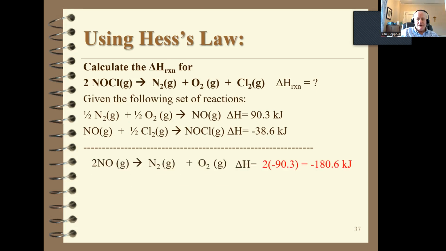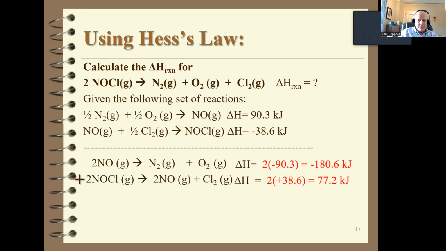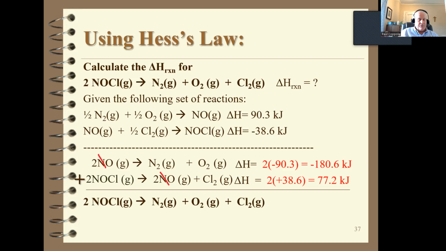So you should look through the Hess's law problems that I give them. One is on slide 37. I'm not going to go through it now, but I just want to say two things. There will be one problem like this on the exam. So you look at the overall reaction you're trying to get to, and you want to find the delta H. You'll be given sub-reactions here.